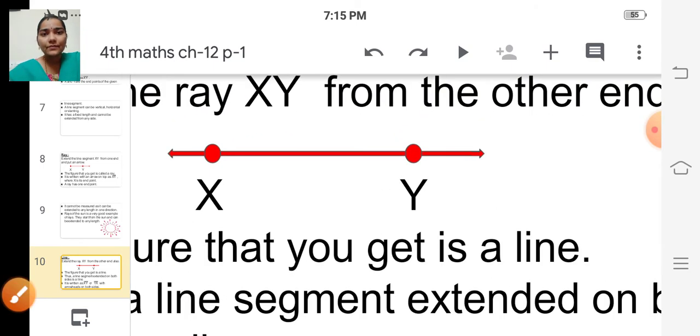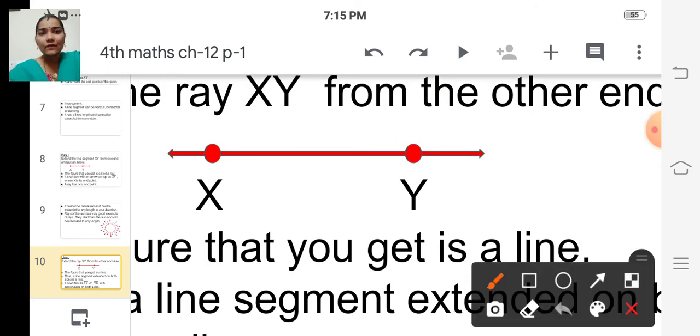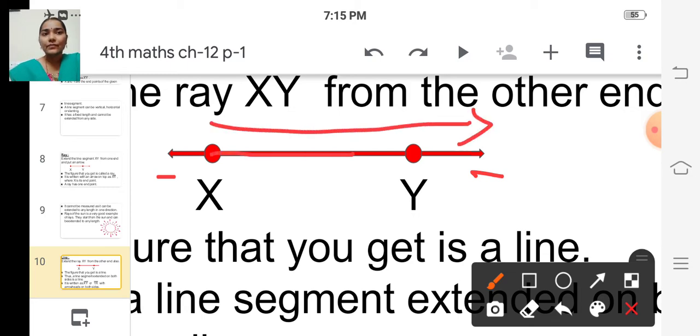So look at this, we have to put an arrow on both sides. Ray means this only, so we have to extend this ray from the other end also, and put an arrow mark on both sides.